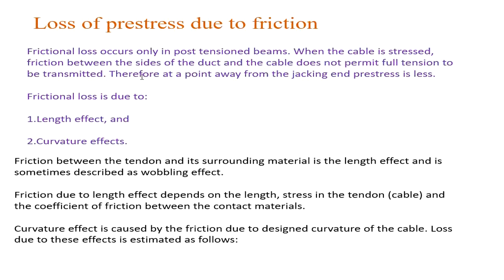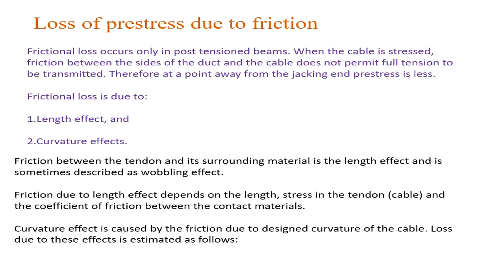Therefore, at a point away from the jacking end, the pre-stress is less. Frictional loss is due to the length effect and curvature effect. Friction between the tendon and its surrounding material is the length effect, and is sometimes described as the wobbling effect.